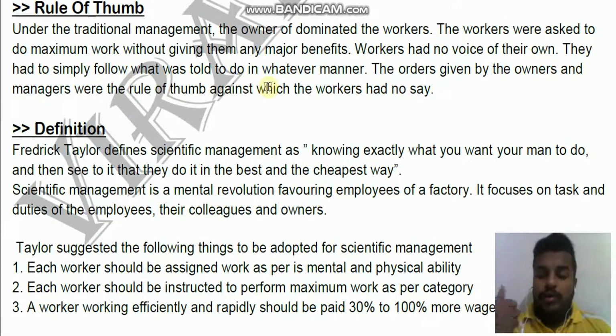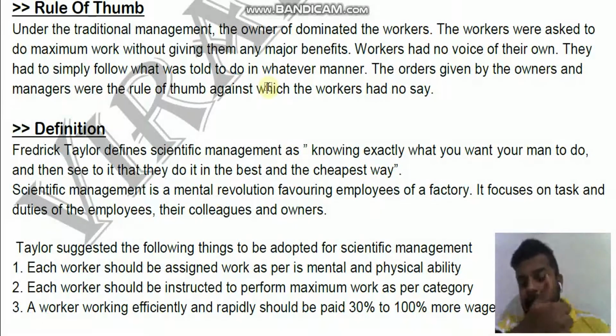You have already studied rule of thumb in previous science classes. Whatever the thumb says, that is the manager or owner, all the employees and workers working under them have to follow. That was the traditional method.